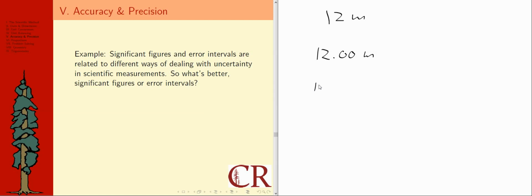So for example, with an error interval, if I wanted to say 12 meters plus or minus, and I claim it's roughly corresponding to this, maybe it could be 0.005 as the estimated uncertainty here.